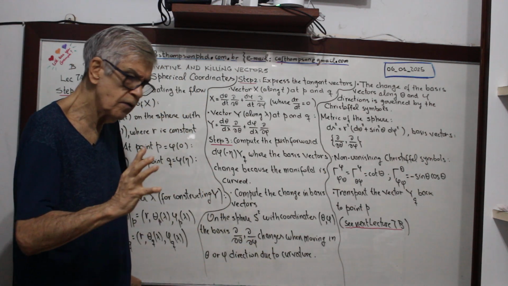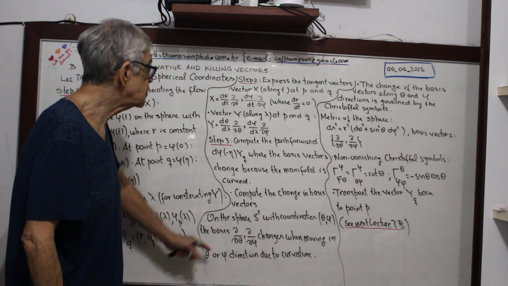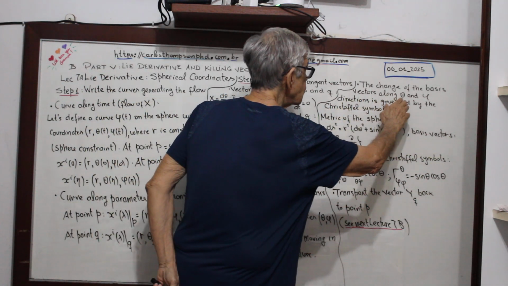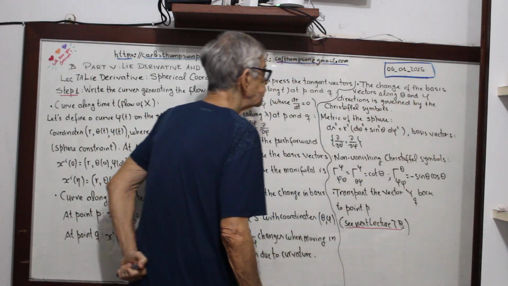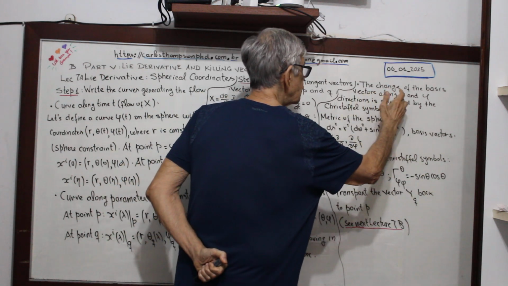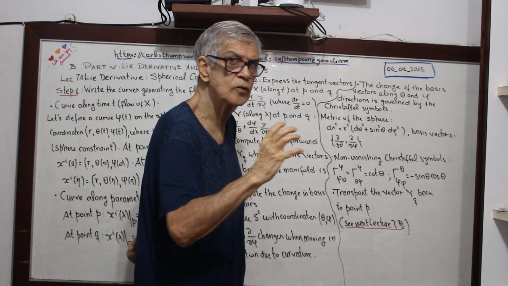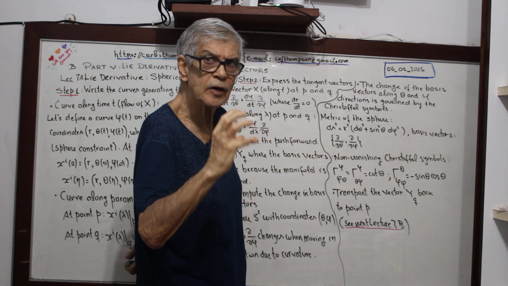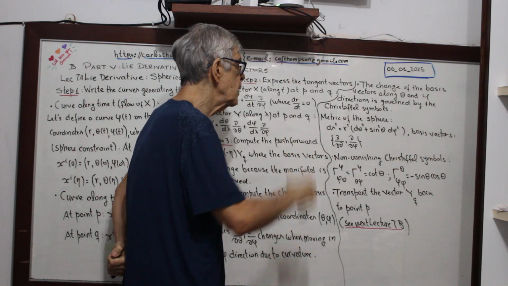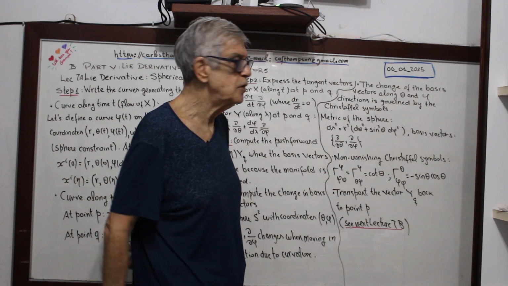Due to the curvature, the basis vectors change. So the change of the basis vector along theta and phi, these directions, is governed by the Christoffel symbols, as we did in many previous videos.